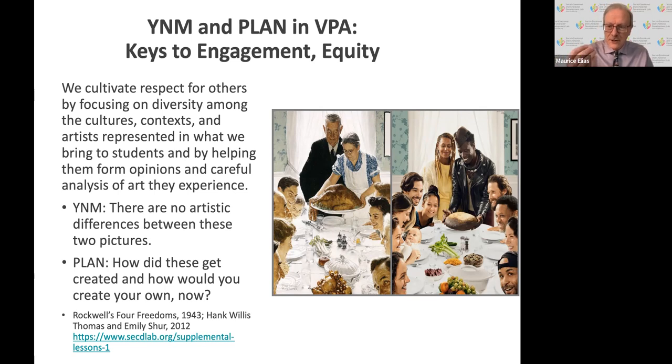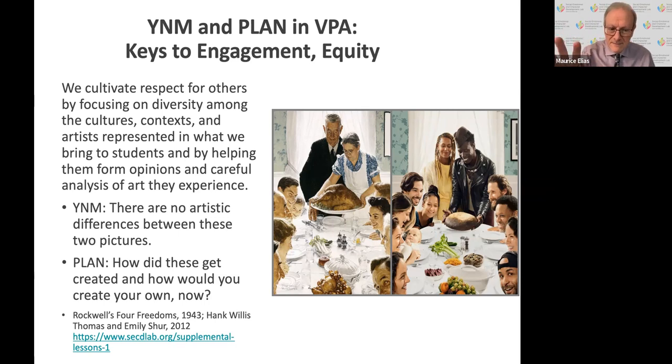But getting kids to look at the details, understanding similarities, understanding differences, articulating that carefully, and then getting to the point of asking the kids, if you were taking on what these two artists took on, and that is depicting freedom from want, how would you do it differently?